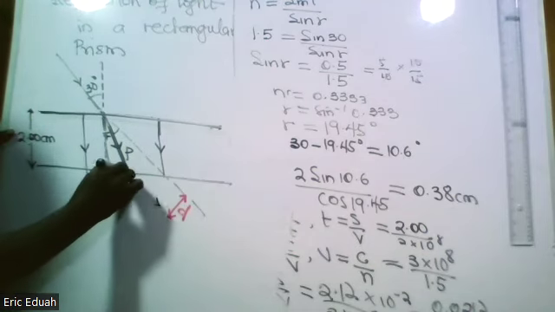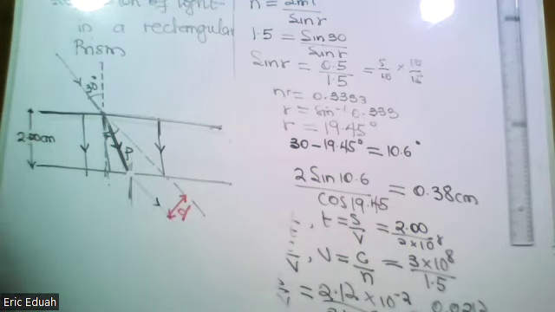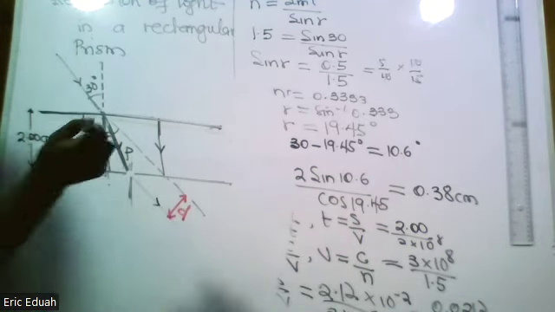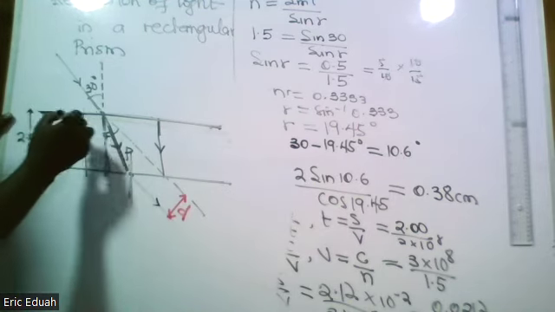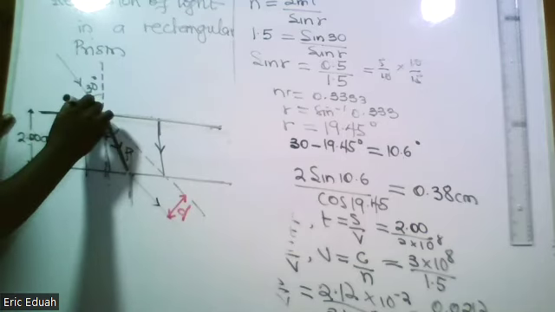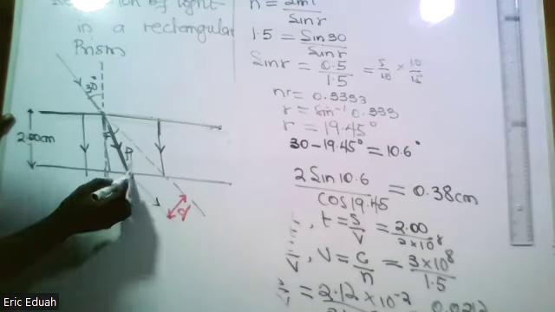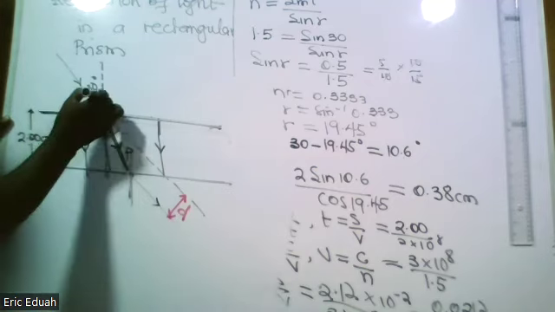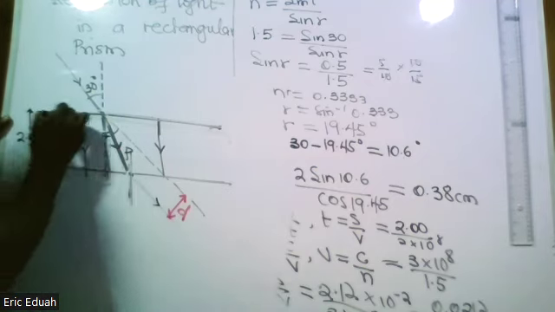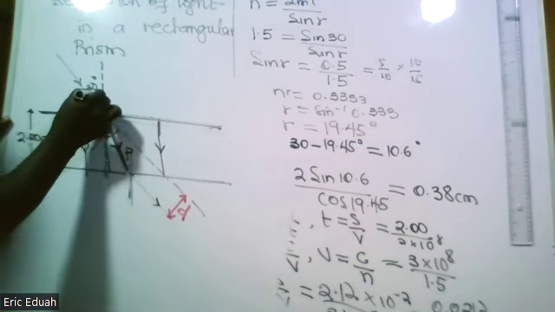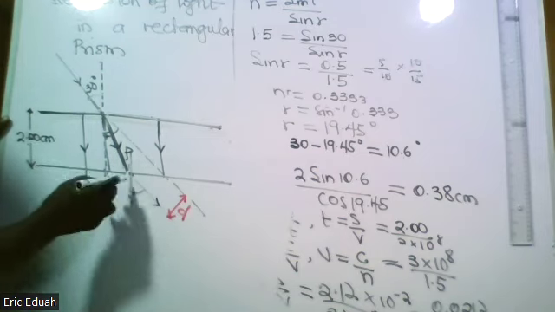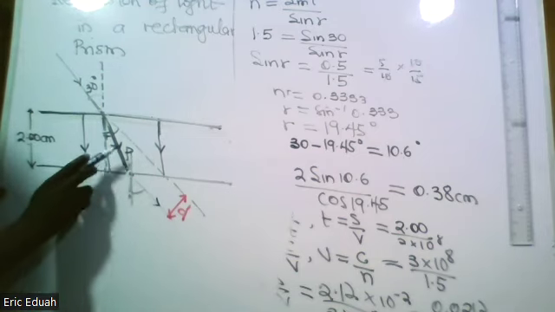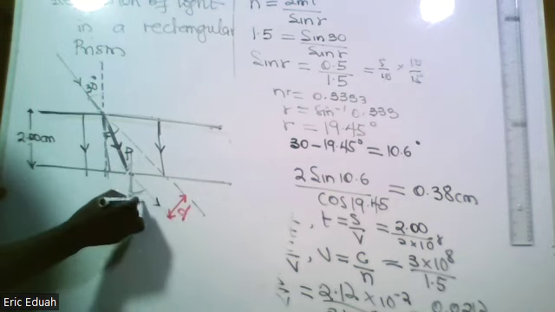So when the light emerges and you draw another normal to this boundary where deviation would occur over here, you see, because the light incident within air passes through the prism and emerges through air. Refraction of light at parallel plane, you have this angle of incidence being equal to the angle of emergence.